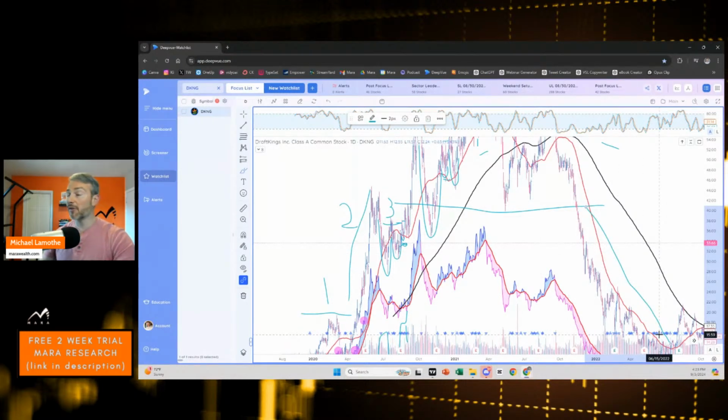And here's something else about stage 4, and Stan mentioned this in his presentation with Richard Moglen. One of the things that happens in stage 4 is that you start to find resistance at the moving average instead of support like you did in stage 2, right? So when you're in stage 4, price is falling rapidly.